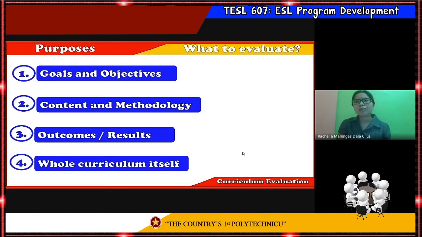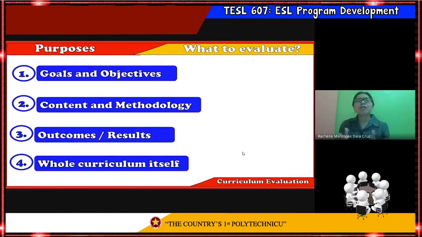So evaluation of results must go hand in hand with the evaluation of objectives, content, and methodology. So the results show whether the objectives are achieved or not, or whether the content is appropriate or not, or whether the methods used in teaching and learning process are effective or not. So the outcome evaluation is conducted to draw up data and information that can be used in improving the curriculum.